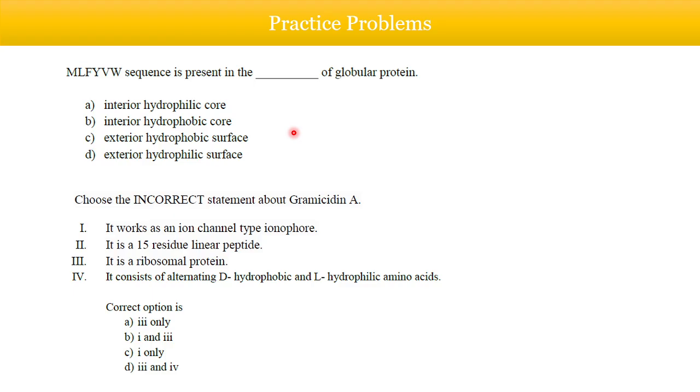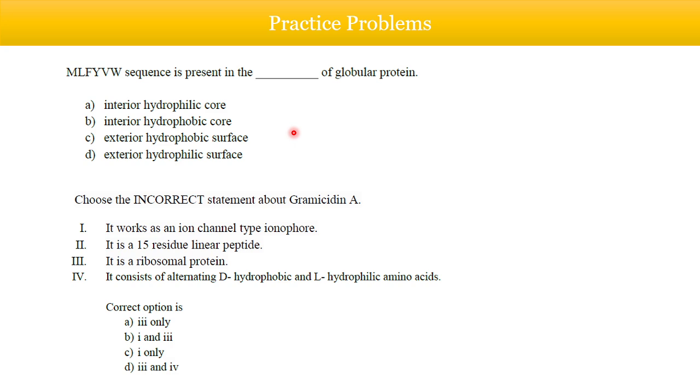It is composed of D-hydrophobic and L-hydrophilic amino acids, and these amino acids contribute to its ability to insert into the lipid bilayer. It does not consist of any alternating hydrophobic or hydrophilic residues in a way that would make it amphipathic in the conventional sense of membrane insertion.